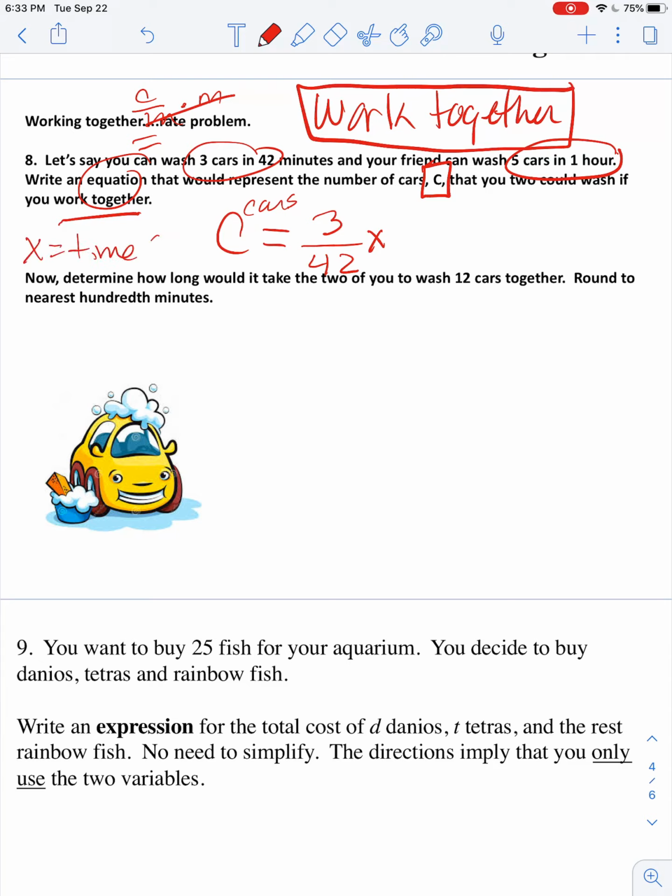So X is going to represent time in minutes. So then the other person, now you have to be careful because this is 5 cars in 1 hour, but we're doing our whole problem in minutes. So instead of 1 hour, I'm going to write that as 60 minutes times X in minutes.